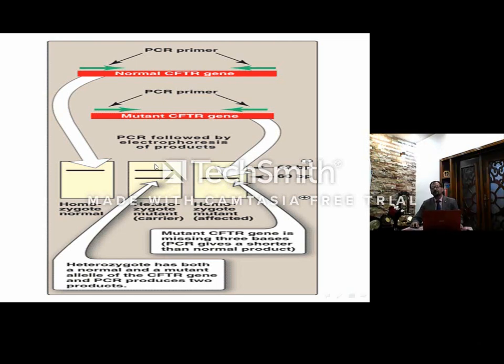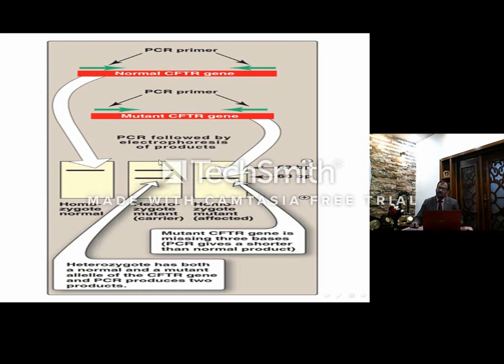But what if the patient's DNA is amplified by PCR and electrophoresis is done, and we find 2 different bands? One of them is long, like 63, the other one is short, which is 60. This means that this person has taken the normal gene from one of the parents and the abnormal from the other.